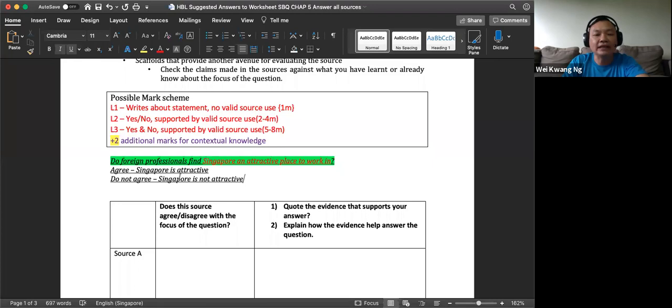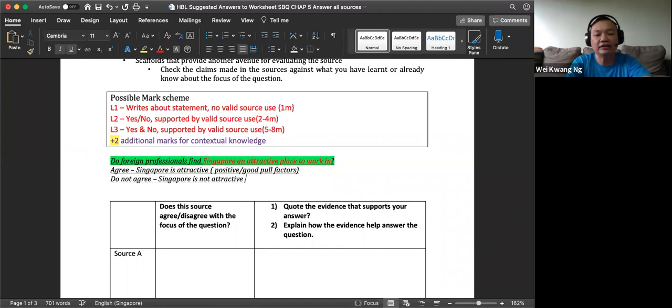Now, when I say that Singapore is attractive, that means it must have some positive things, something good that people are attracted to. So we call them pull factors, something that you learned in Sec 1. Is there something good, something positive, a pull factor?